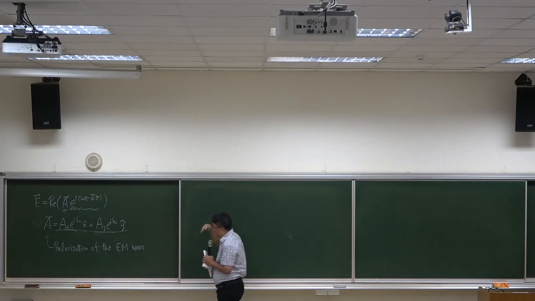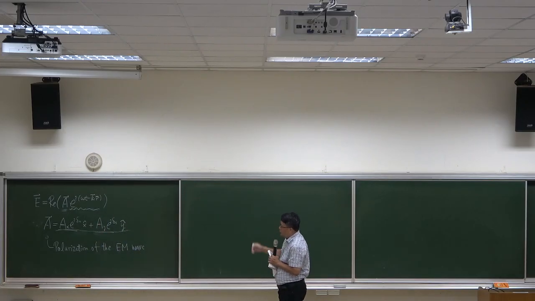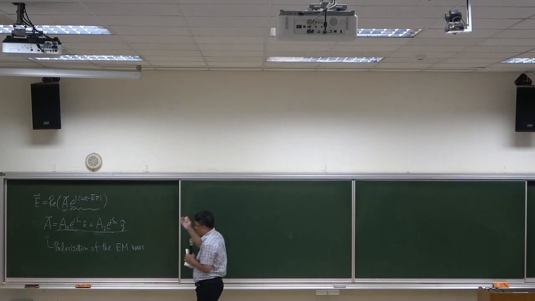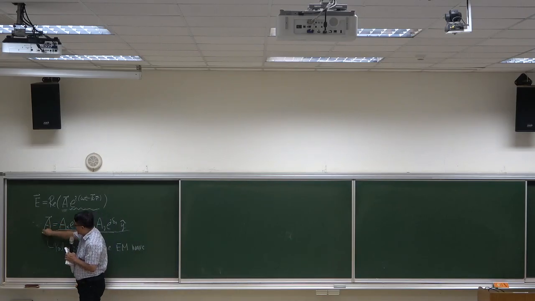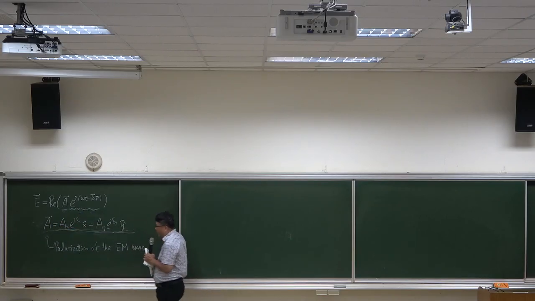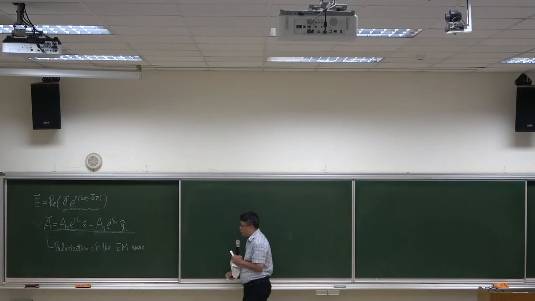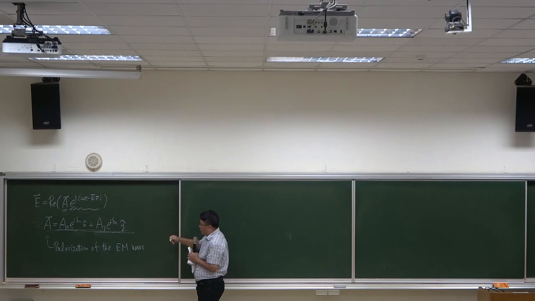To discuss how to express the polarization, we have at least three different ways. The first way is to write down the A vector directly. The second method, we use the so-called chi.